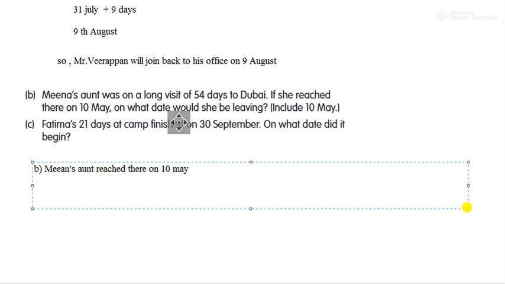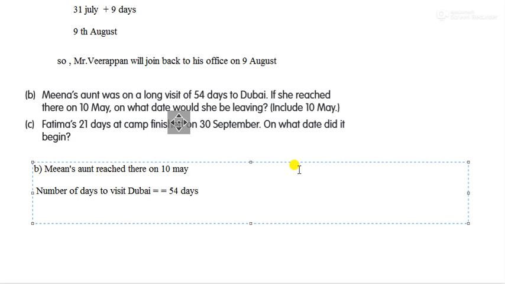So number of days to visit Dubai equals 54 days. Next, number of days in May.